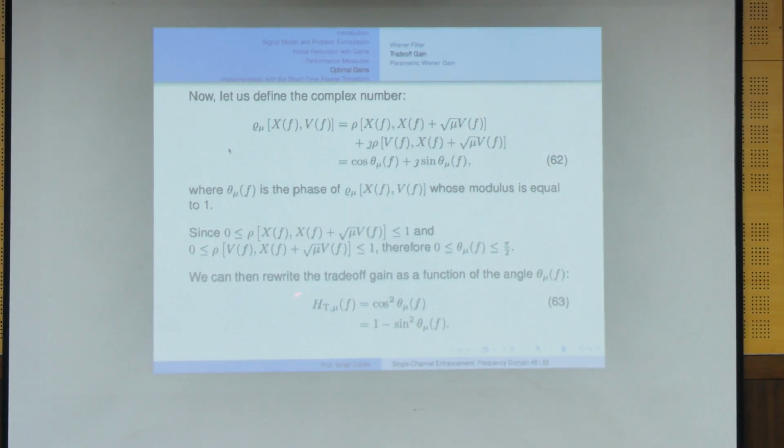And we see that we can obtain the trade-off gain as cosine square of theta, just like we did with the Wiener gain. So it's just like an extension from the Wiener, where mu equals 1, to the trade-off. The parameter mu controls the trade-off between noise reduction and signal distortion.